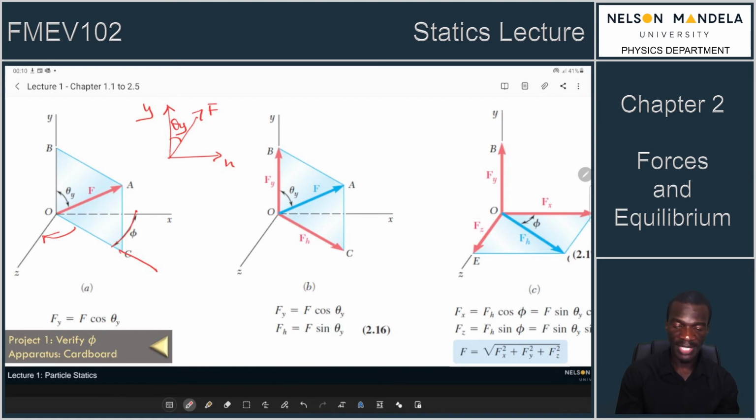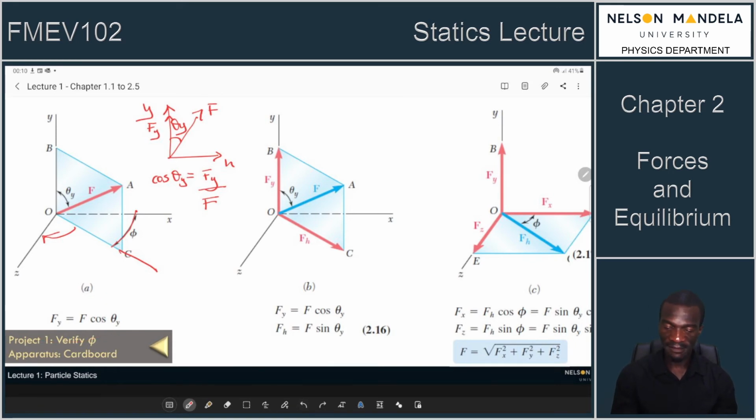If we are to relate them, we can use the cosine of theta Y, which is equal to F in the Y, the force component in the Y direction, over the force. For this reason, Fy is given by F times cos theta in the Y. That is the definition of your Y-axis component.